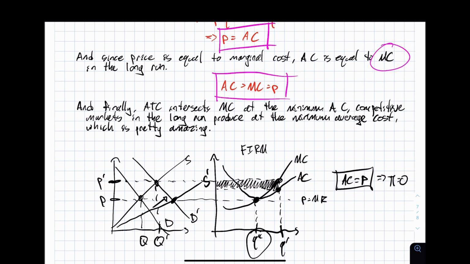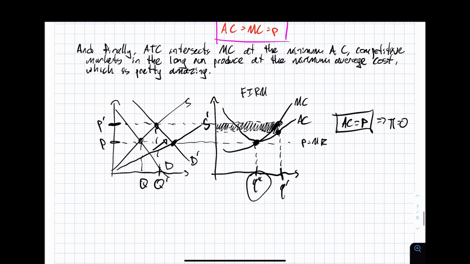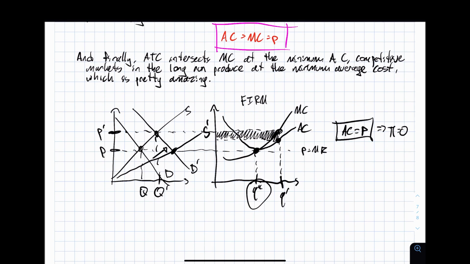So this means you can see it both mathematically and graphically that the average total cost, or the average cost, intersects the marginal cost at the minimum of the average cost, which means we're actually producing at the minimum of the average cost curve, which is really nice.